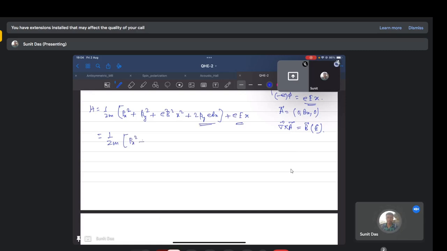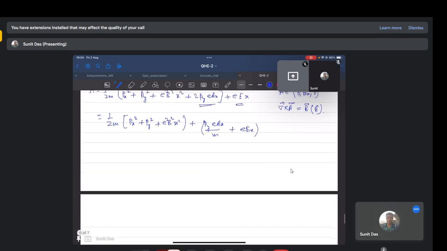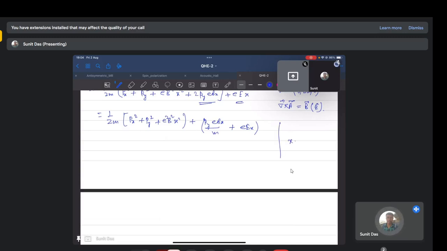So this is px square plus py square, plus e square B square x square, and then we have py eBx by m, right? 2 cancels out, plus e electric field x. So as a coefficient of x, we have py eB by m plus e electric field.